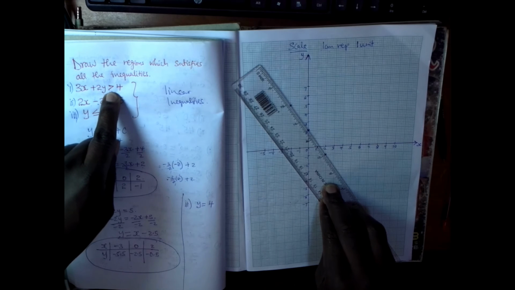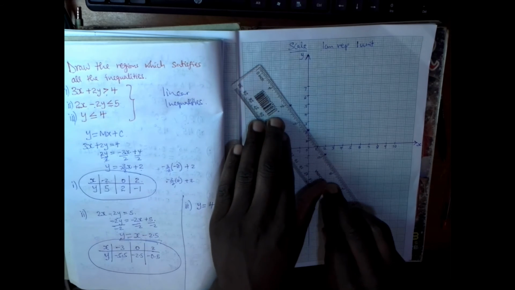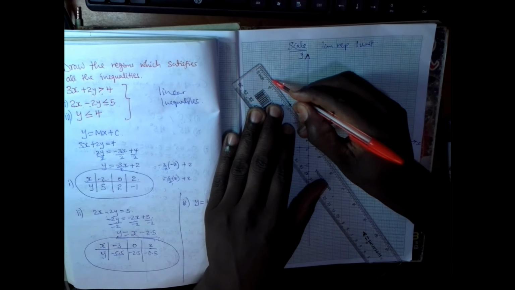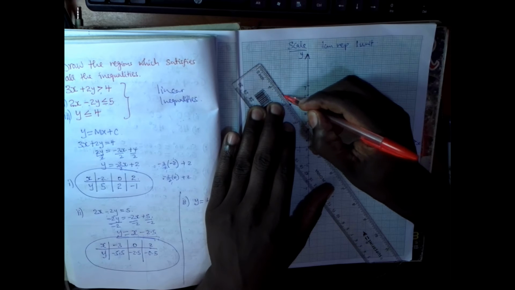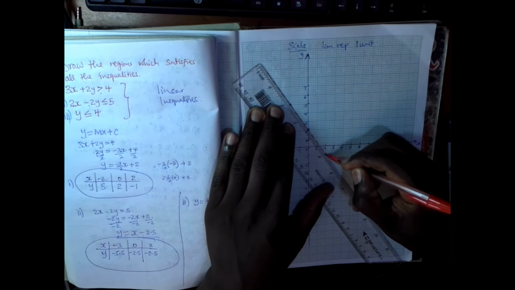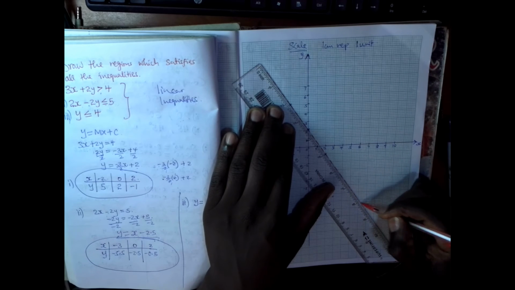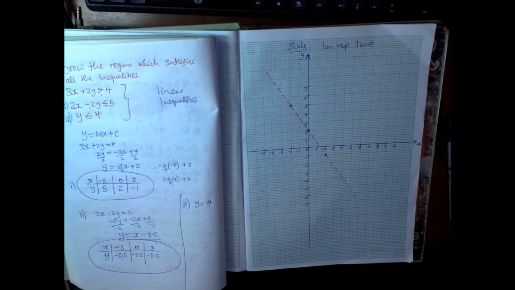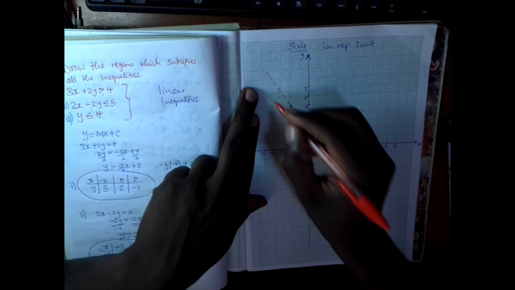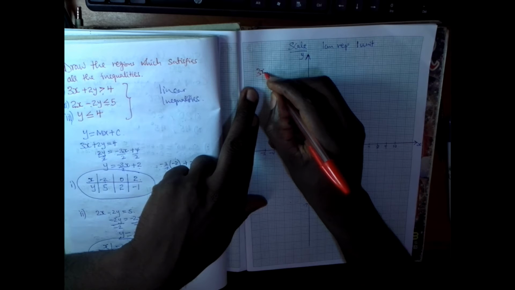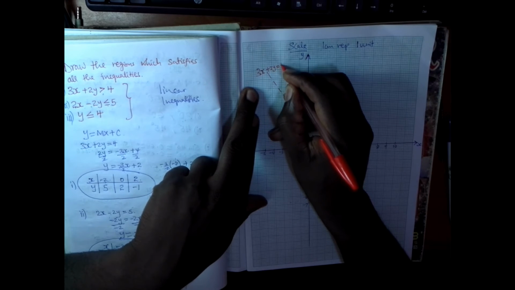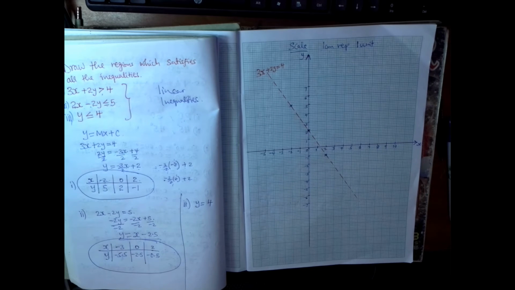So we are going to draw a dotted line. That is it. That is 3x plus 2y is equal to 4. That is the line.